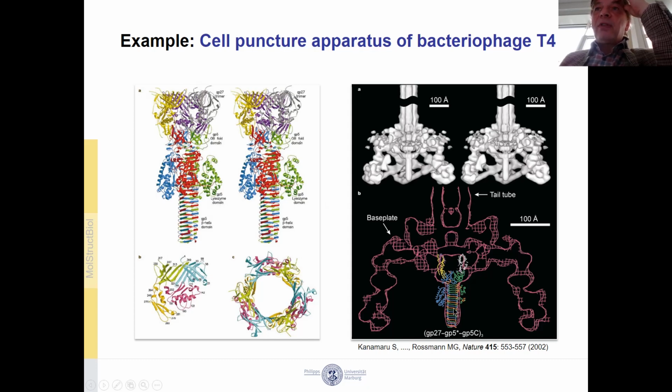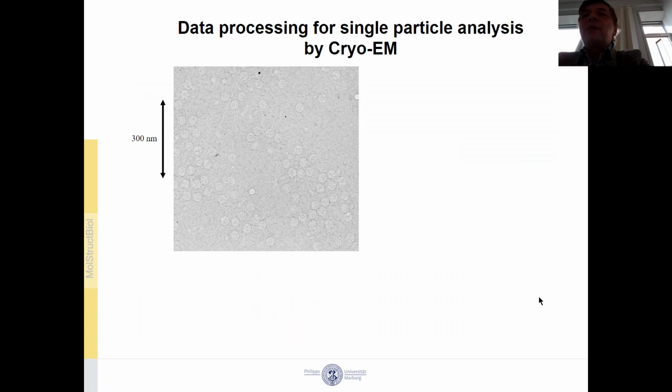It looks really like a very penis-like structure. And you see what people did at that time. They made some kind of a jigsaw by using high-resolution X-ray structures and putting them into this kind of lower-resolution cryo-electron microscopy reconstructions.